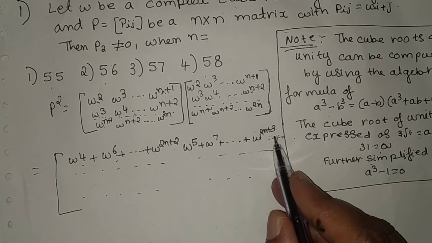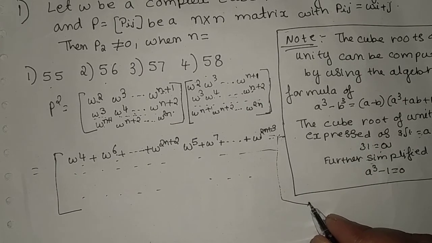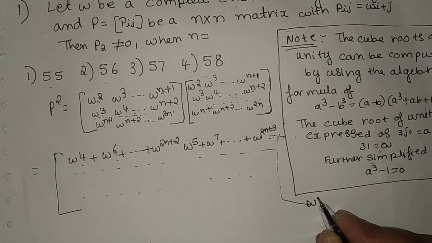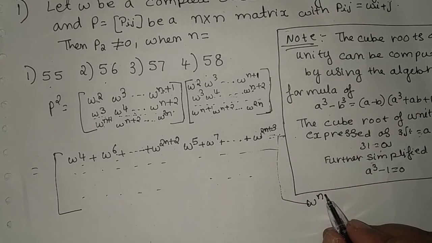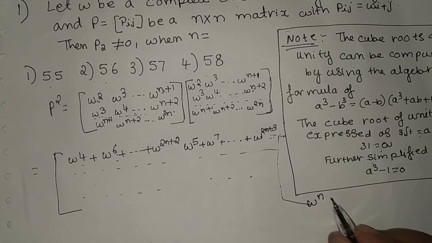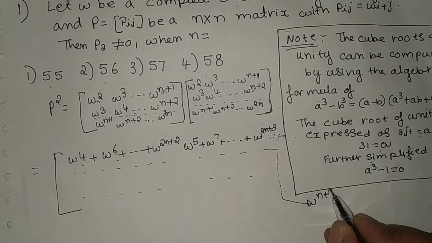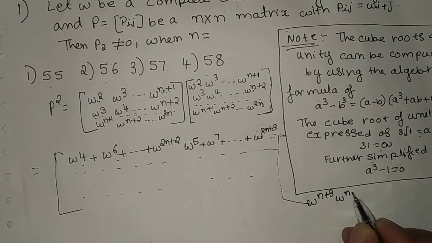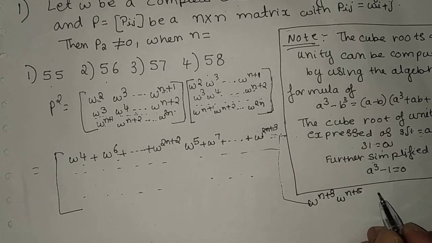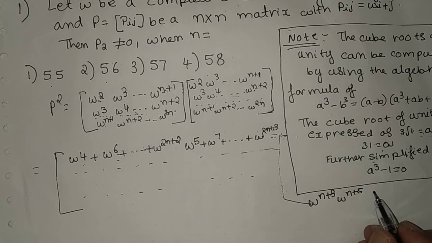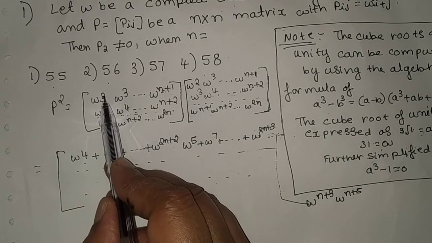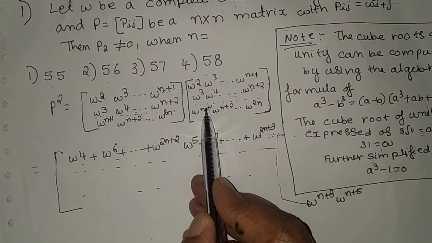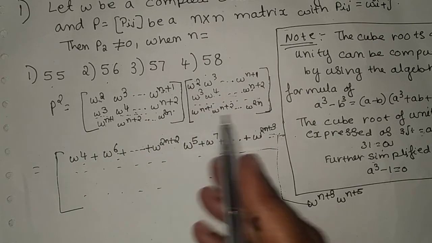The last one we'll write here: w^(n+1) times w^(n+3), giving w^(n+5). w square plus n plus 1 will become n plus 3.